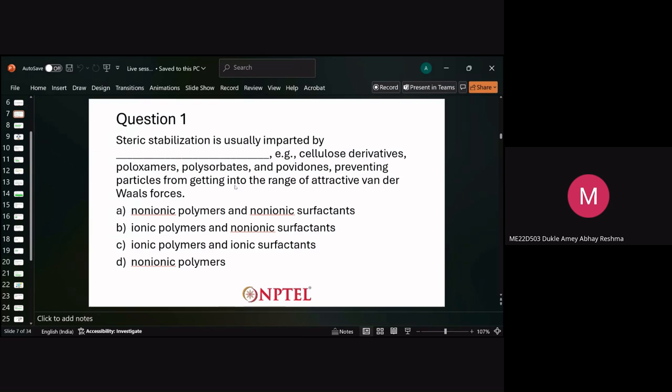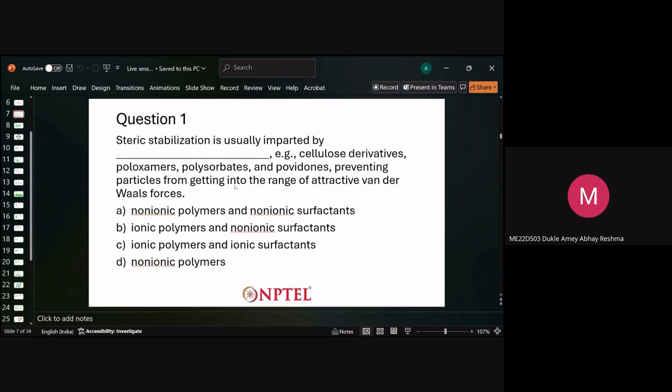So steric stabilization is usually imparted by, for example, cellulose derivatives, poloxamers, polysorbates, and povidones, preventing particles from getting into the range of attractive van der Waals forces.